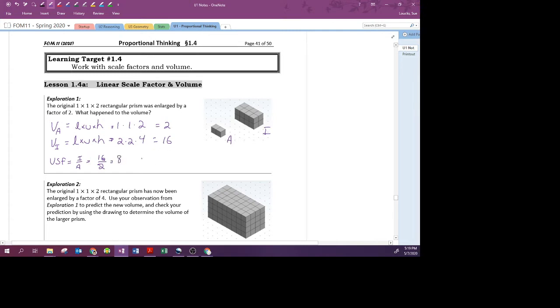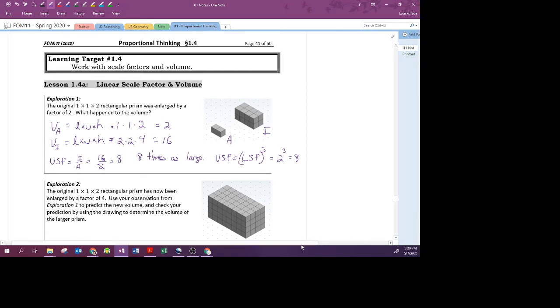So the new volume is 8 times as large. And what that is, the volume scale factor, is the linear scale factor cubed. In this case it's 2 cubed, which is 8.